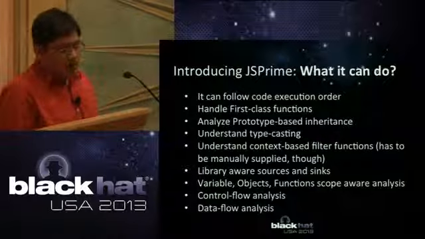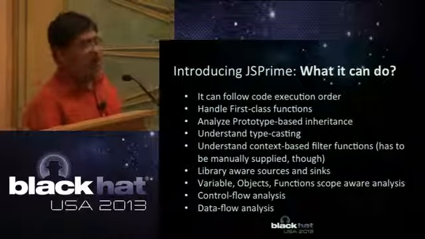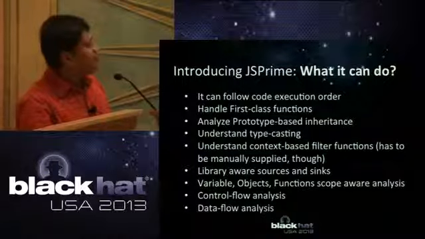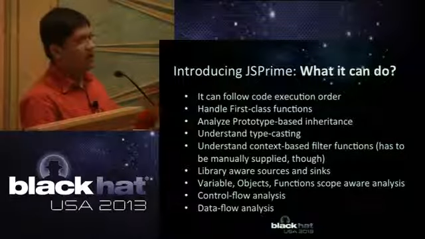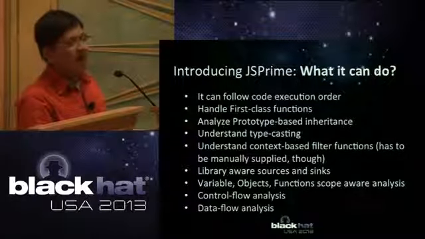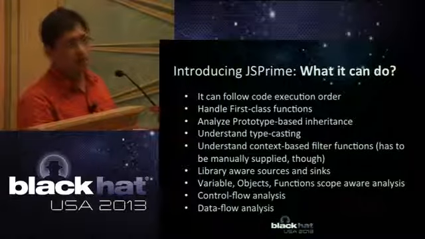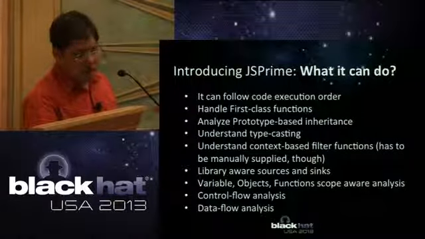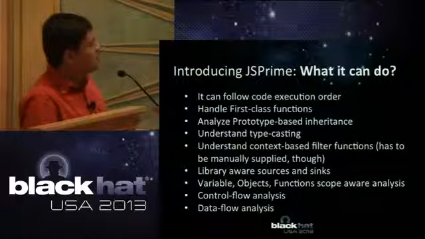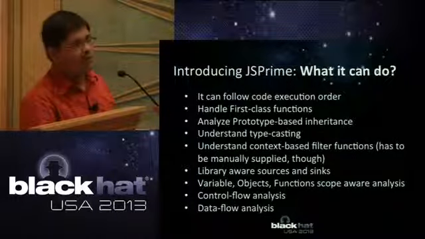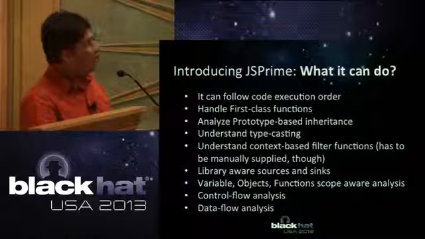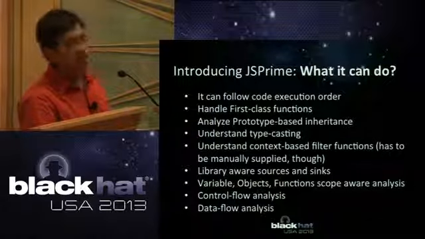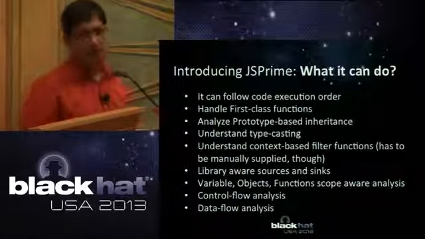Okay, so what can JS Prime do? It can follow a code execution order. I'll show you in the demo of these points. It can handle first class functions, which I have mentioned earlier. It can analyze prototype based inheritance. It can understand typecasting. It understands context based filter functions, though it has to be manually fed; you have to manually configure it.